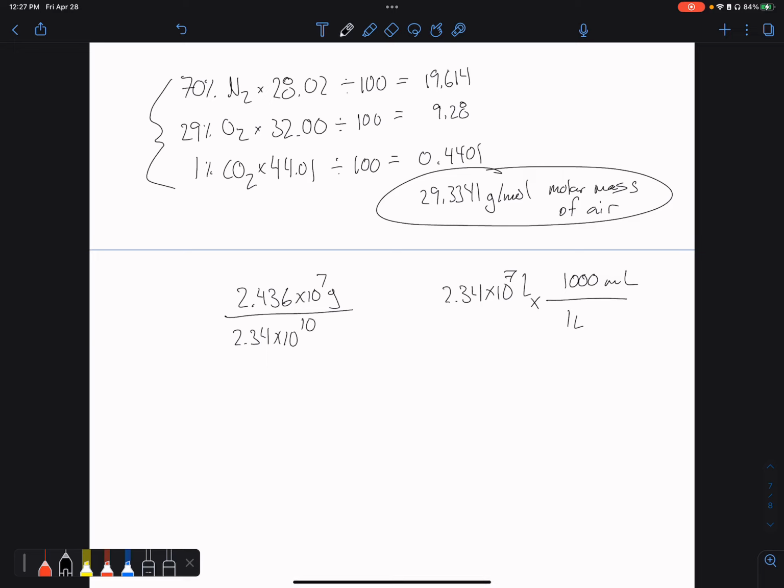So if we take our 2.436 e to the 7 divided by 2.34 e to the 10, we get the density of the gas, the air in the balloon, 0.00104 grams per milliliter.